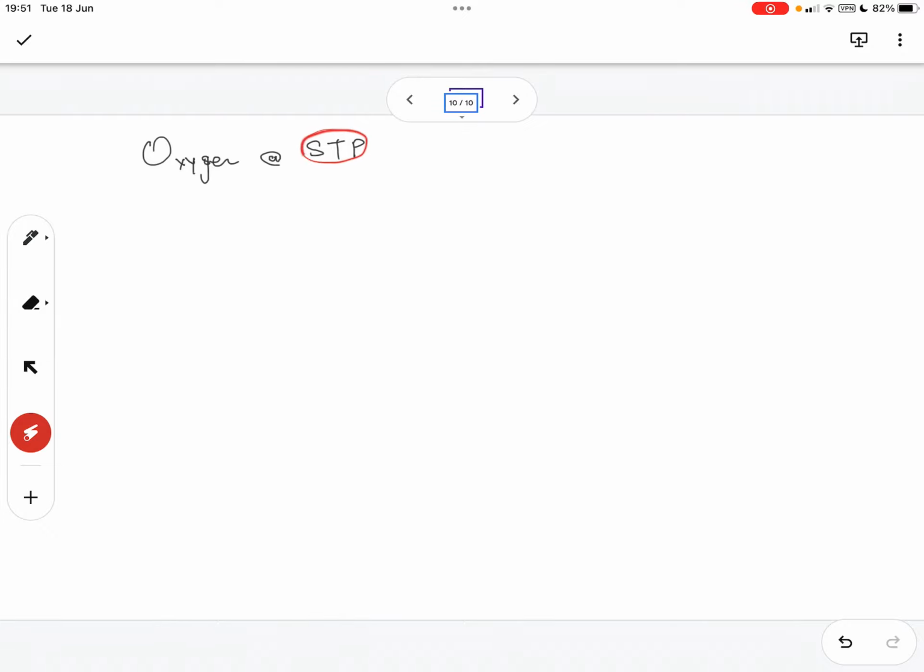Just another quick one: whenever we see the abbreviation STP, we are assuming that whatever we're looking at, especially if it's a gas, is at standard temperature and pressure.